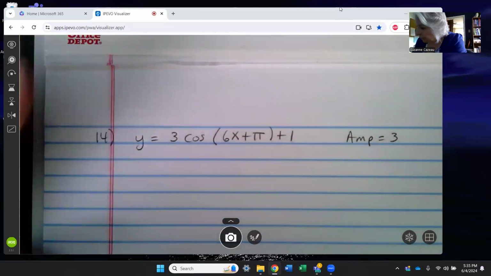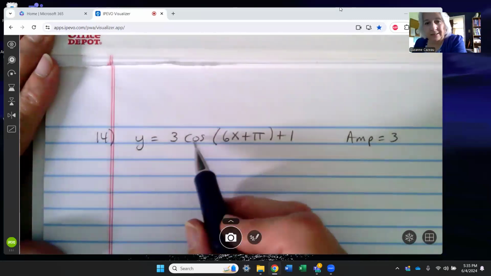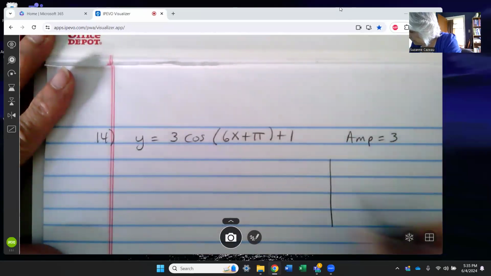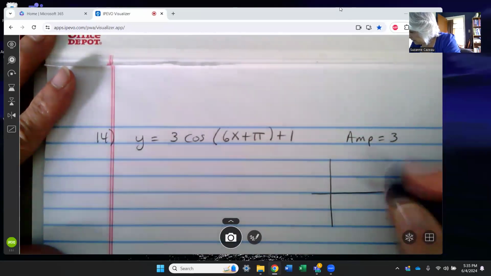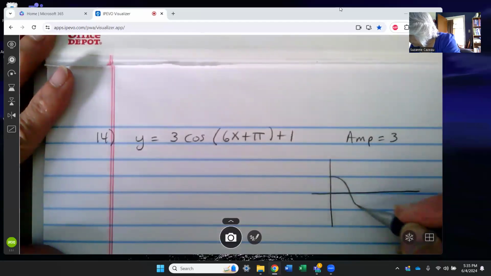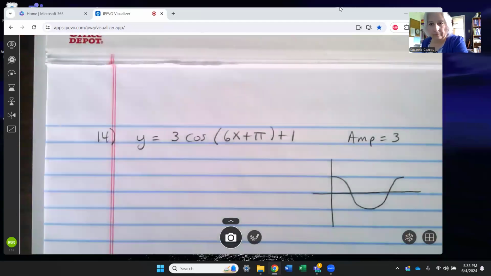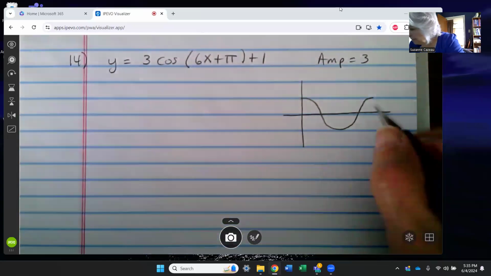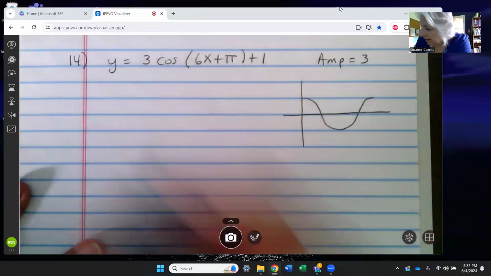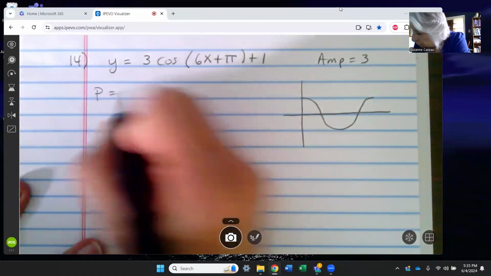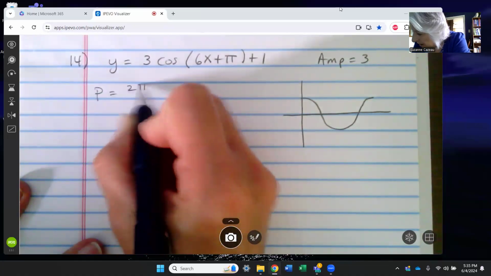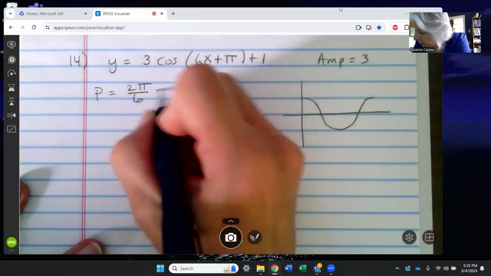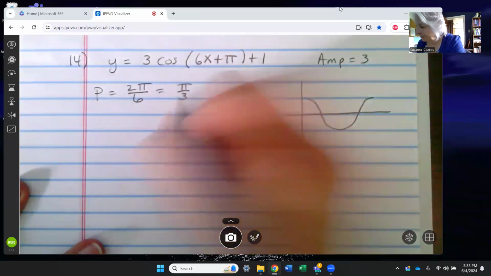So I'm noticing that this is a positive cosine, right? So that means it's going to look something like this. So that's my basic shape initially. And my period is 2 pi over b, and that reduces to pi over 3.